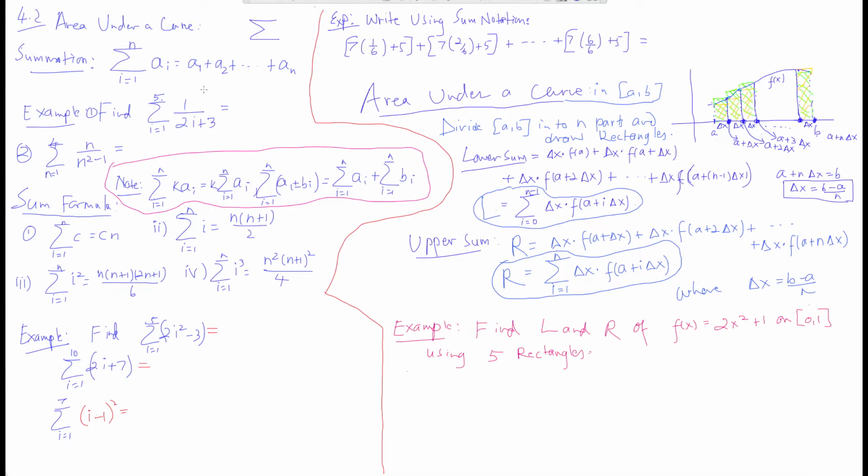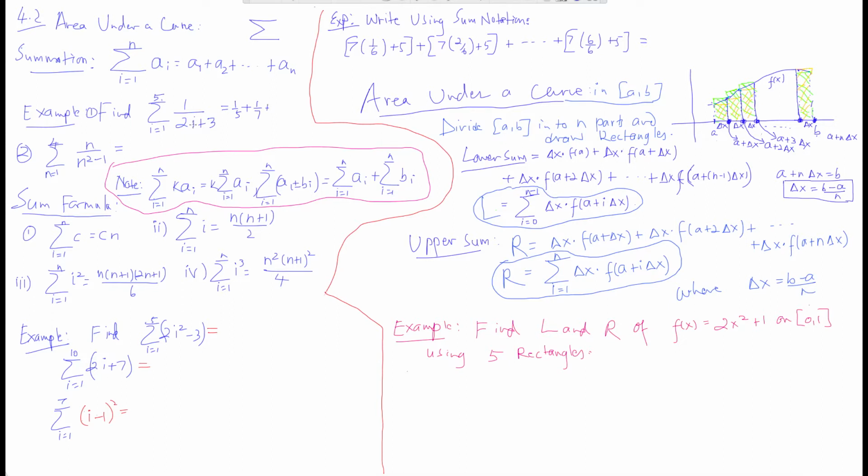Let us see some examples. Number one: find the sum for i equals 1 through 5 of 1 over 2i plus 3. We write down i equals 1: 1 over 2 times 1 plus 3 is 1 over 5. Plus i equals 2: 1 over 2 times 2 is 4, plus 3 is 7, so 1 over 7.